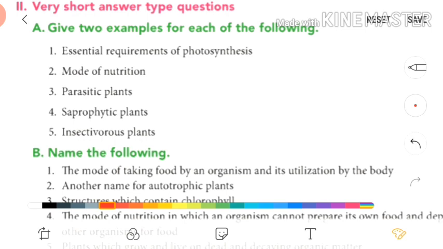So Indian pipe and orchids are examples of saprophytic plants. Insectivorous plants, so Venus flytraps and bladderworts are called as insectivorous plants.